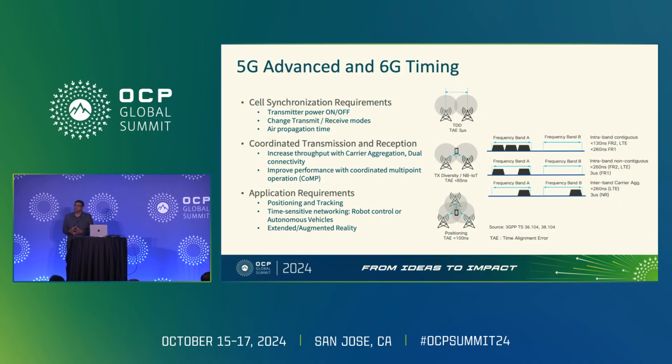The first use case that comes to mind is URLLC, ultra-reliable low latency communication, for industrial applications and private 5G networks, where endpoints connected over 5G, like an autonomous robot working in an industrial plant, need time-synchronous communication between themselves. That requires time propagation over the 5G radio network towards the endpoints.